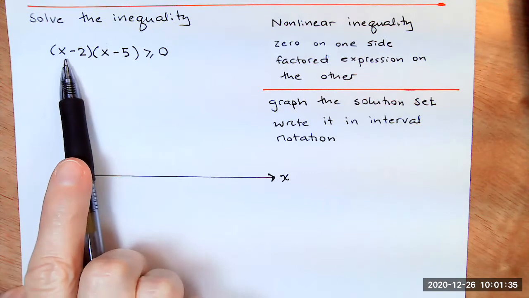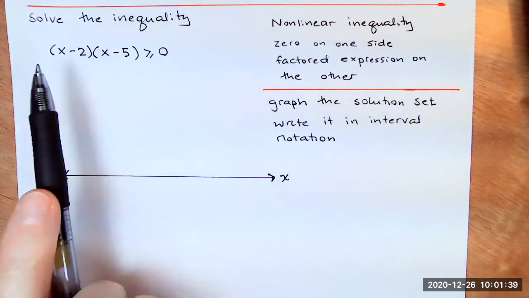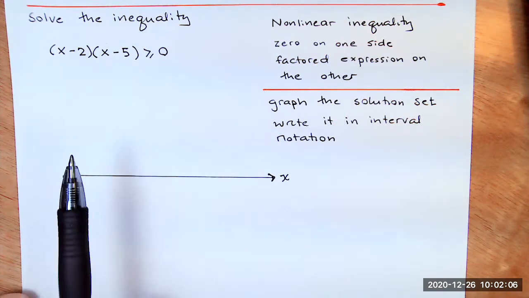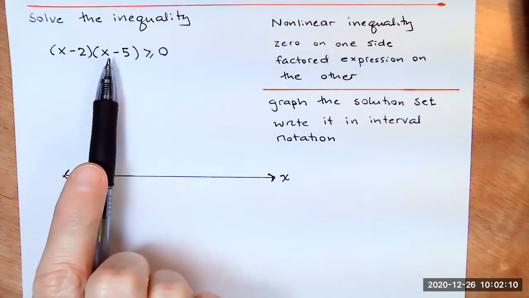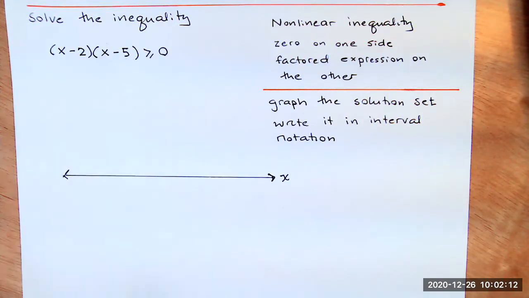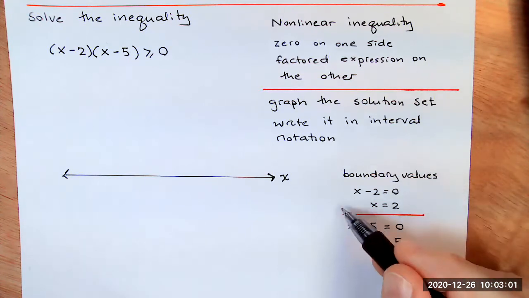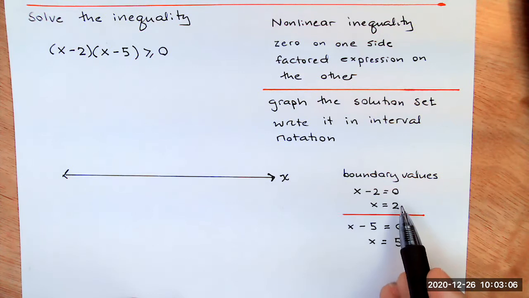All right, the reason we factored this is so that we can know our boundary values. The boundary values are the values of x that make each factor equal to 0. If you can't do it in your head, that's totally okay. Just set each factor equal to 0 and solve for x.